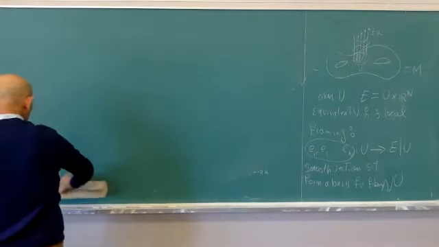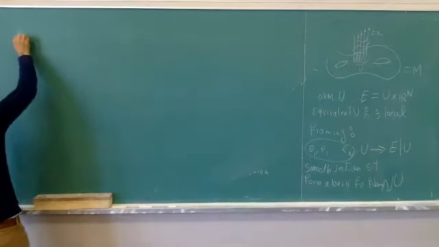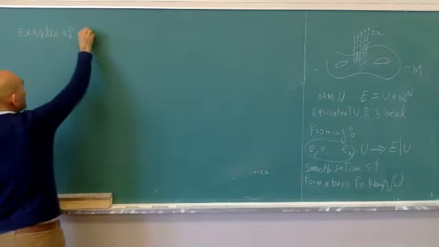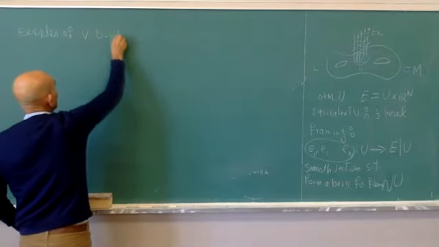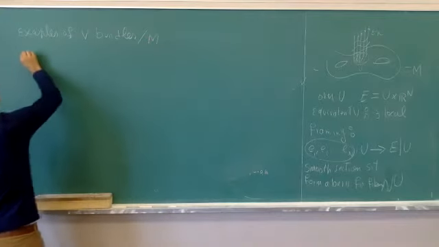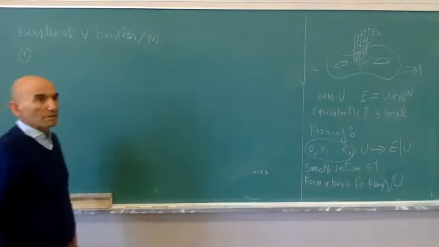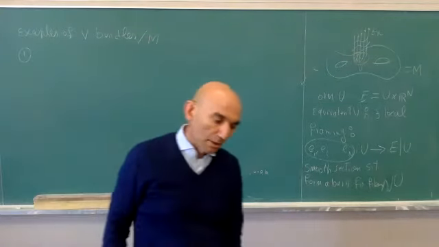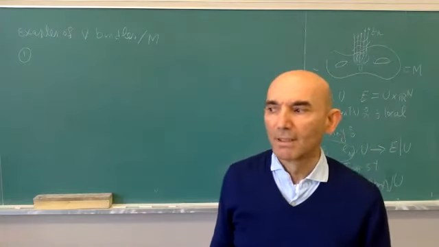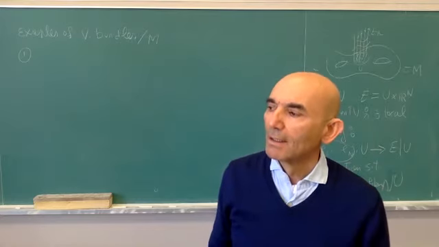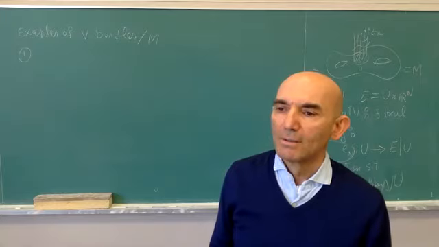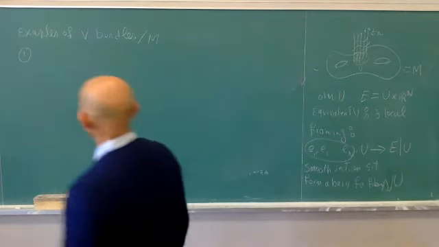Now, examples of vector bundles over a manifold M. What is the most basic vector bundle you can imagine over a manifold M? The tangent bundle. Exactly. Absolutely. Thank you.